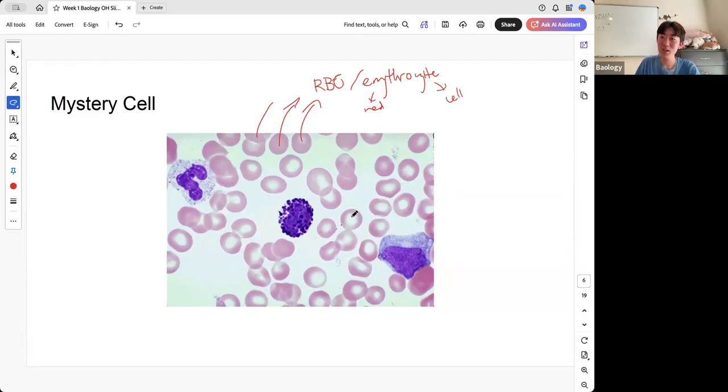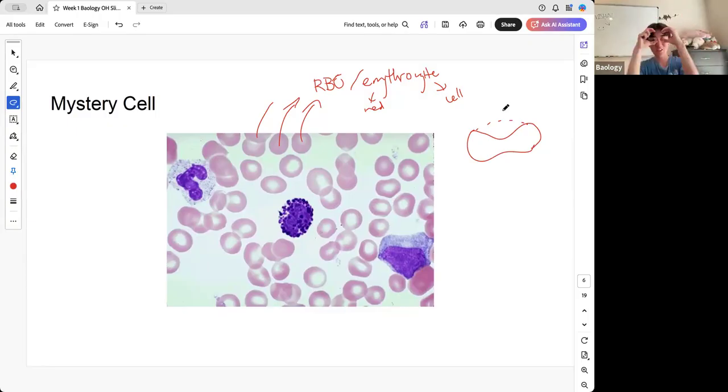And you probably know this, but these are the cells that carry oxygen around the body. Yay! And the reason why they look like this is because red blood cells are shaped like this, from the side. Okay, this is not the best drawing, but they're kind of smushed in.